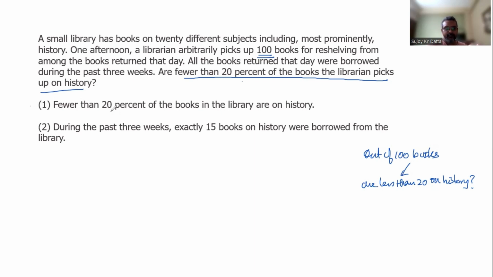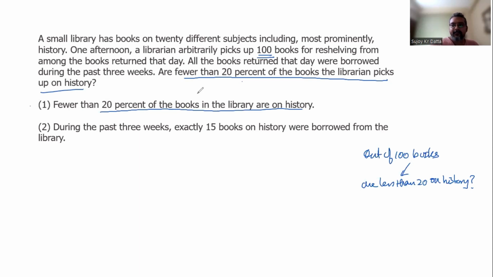Statement 1 says less than 20% of the books are on history. So this is talking about the entire set of books in the library, and is saying that fewer than 20% are on history. It might be that the library has 1,000 books, and on history there are fewer than 200 books.